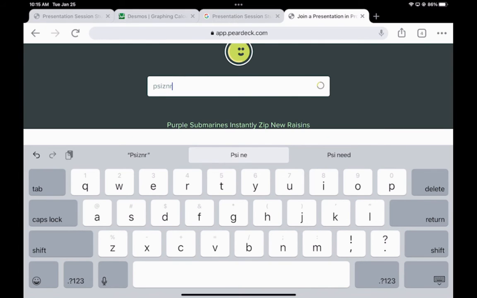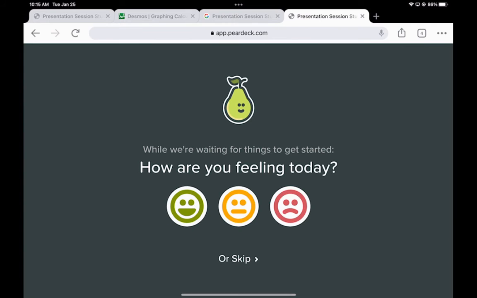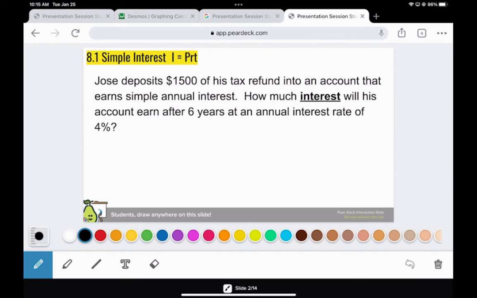Okay, so we're going to start. Let's start with simple interest. Let's look over here. Okay, simple interest. So we know 8.1 is simple interest. If you look in here, how do we know it's simple interest? It says simple interest.